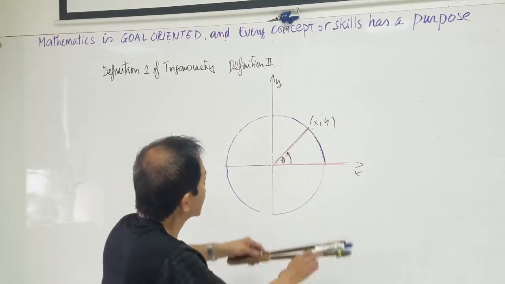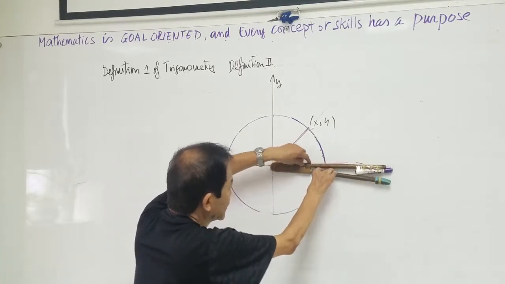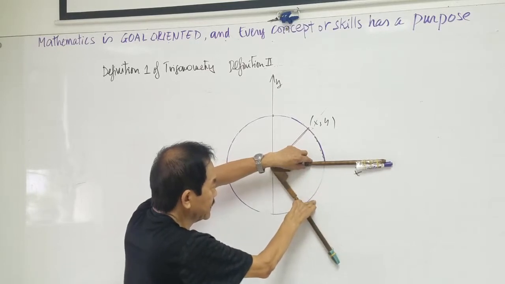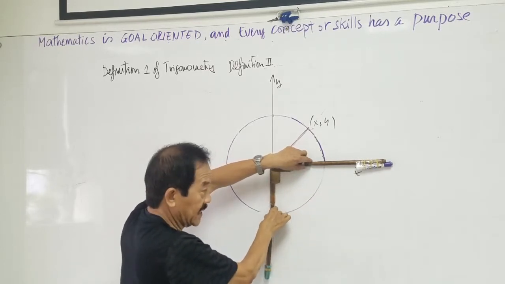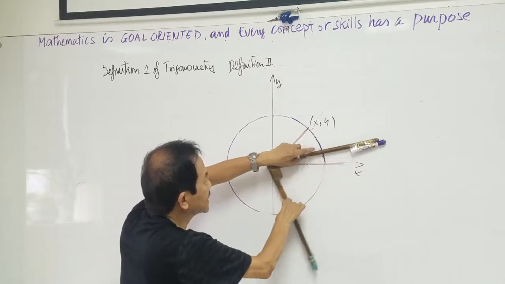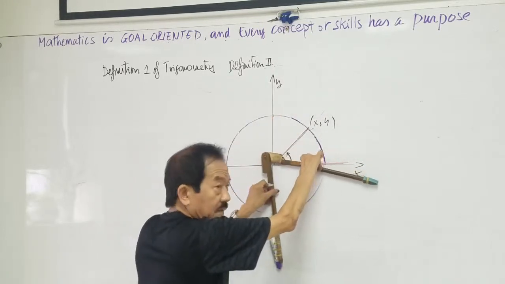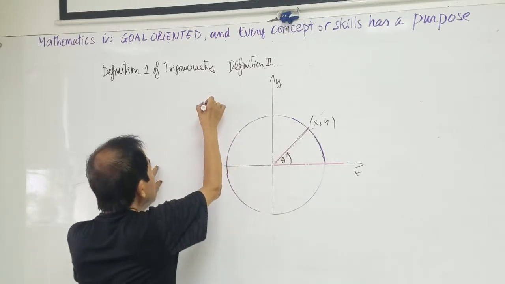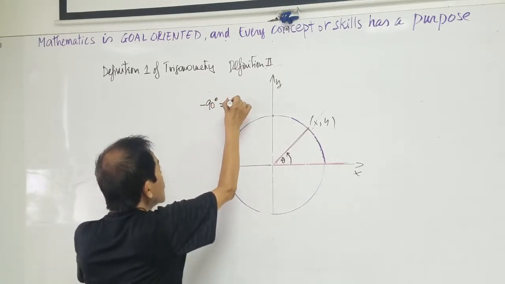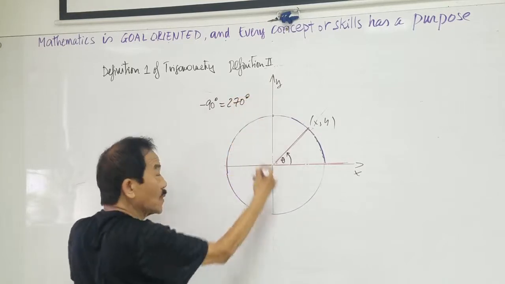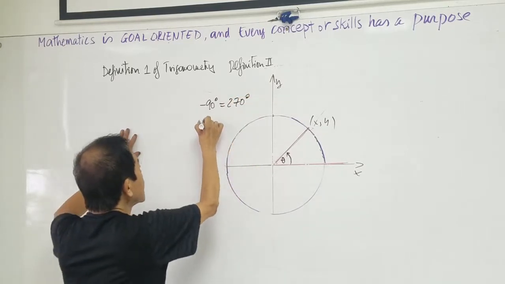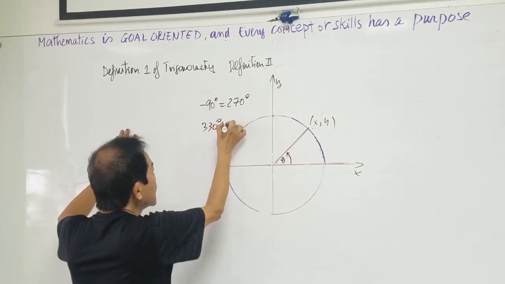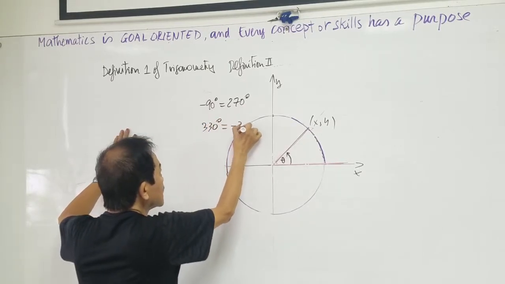If you go clockwise here, we consider this a negative angle: negative 30 degrees, negative 60, negative 90. The negative 90 is the same thing as positive 270. So negative 90 degrees is equal to 270 degrees positive. If you change 330 degrees positive, it has to be equal to negative 30 degrees.